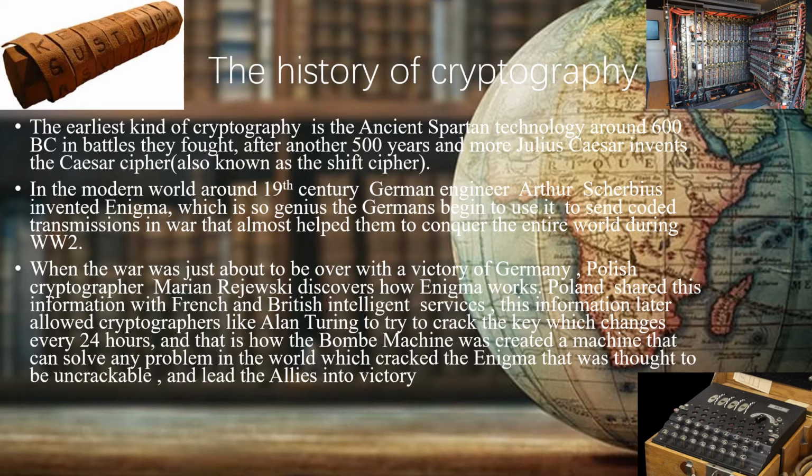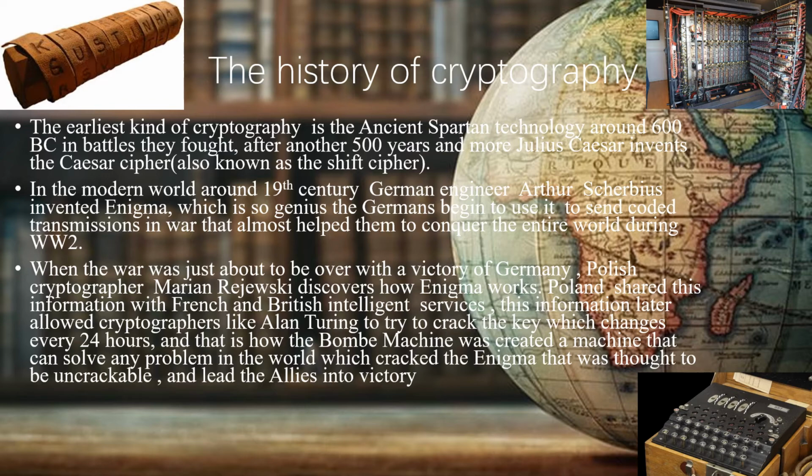When the war was just about to be over with a victory for Germany, Polish cryptographer Marian Rejewski discovered how Enigma works. Poland shared this information with French and British intelligence services.